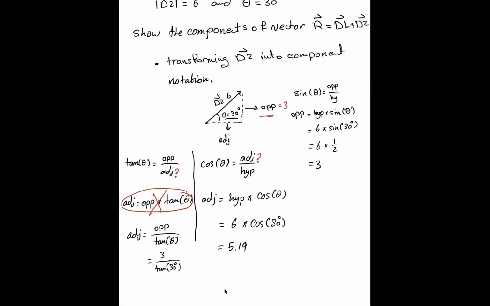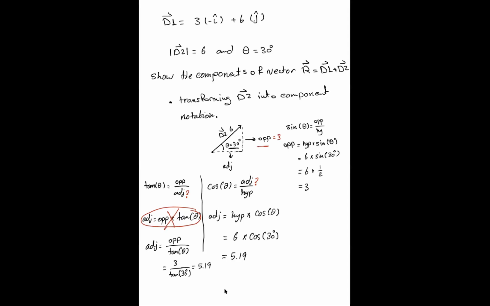Let's see if that will give us the right answer. We can notice from here that it's quite easy to make some mistakes while doing some algebra manipulation. If it was me on the test, I would probably have lost a couple points on that. So we need to be very careful. So the result for this one is 5.19.